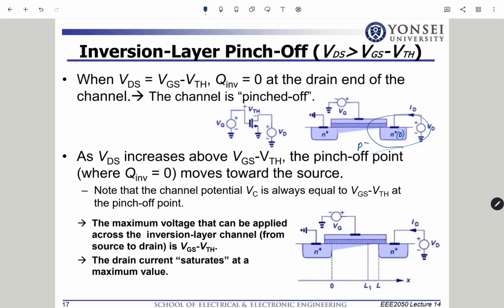So if you apply positive bias to the N plus drain side, and the substrate is grounded, what can we view the substrate and the drain side as?